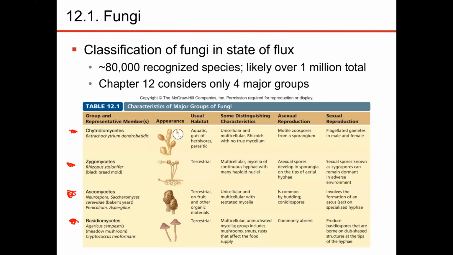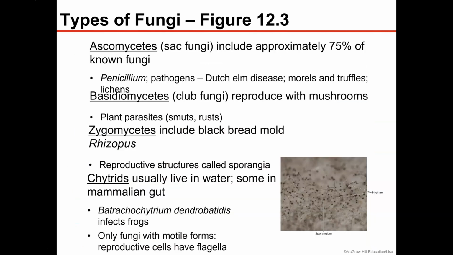So we'll discuss Ascomycetes, Basidiomycetes, Zygomycetes, and Chytridiomycetes. So let's look at each of these a little closer. Ascomycetes are also known as your sac fungi. These include almost 75% of the known fungi.